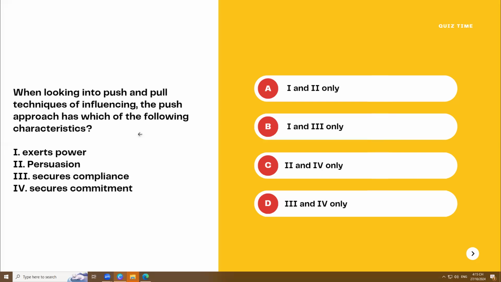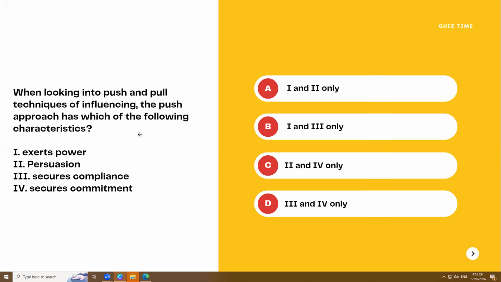Sometimes when it is out of context, it is very hard to decide whether persuasion is push or pull. But we need to put everything in context. If you say logical persuasion, then I would say it is absolutely a push technique.